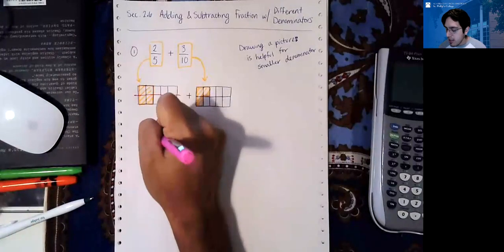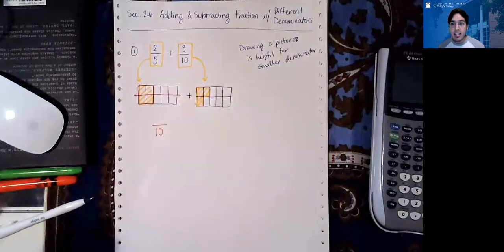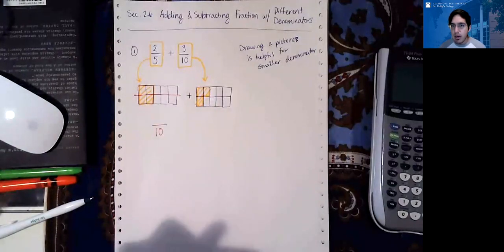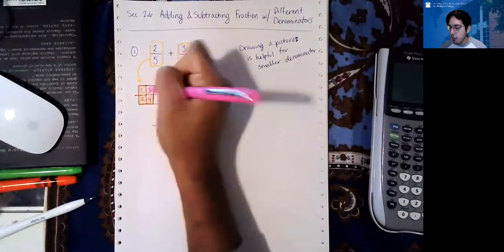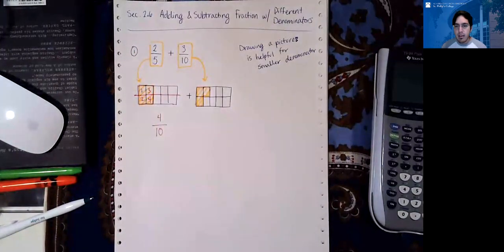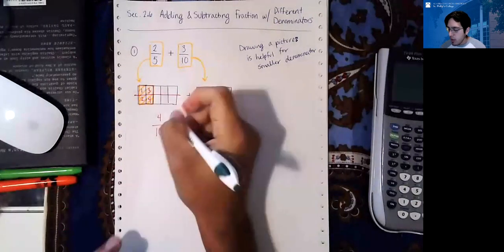So I've changed the denominator, the cut size, into tenths. And how many of those tenths do I have? I have 1, 2, 3, 4 tenths. Okay.